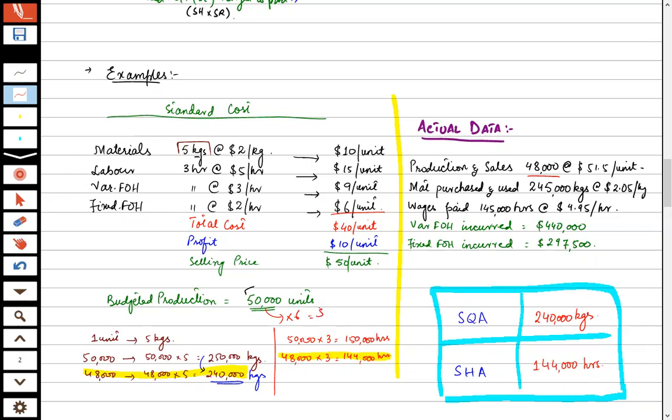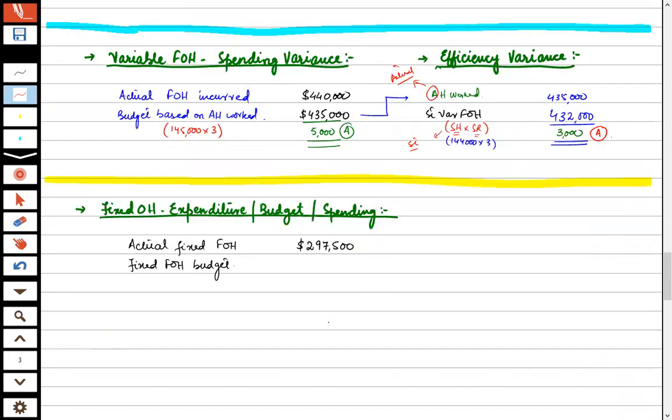That is $300,000. So this would be the budgeted fixed FOH, and it will be written here as fixed FOH budget, that is $300,000. How will it be worked?